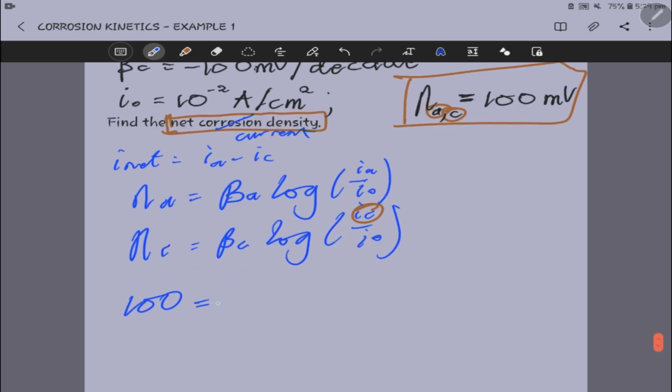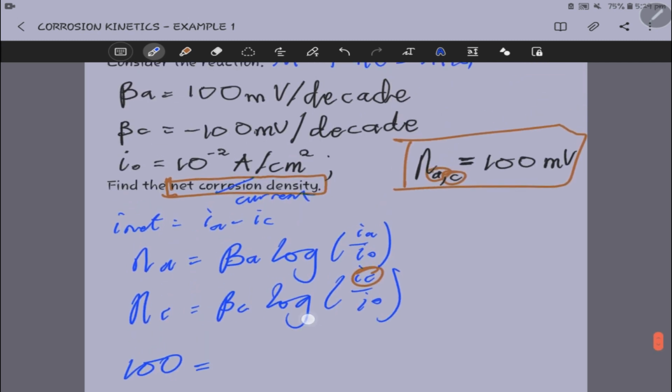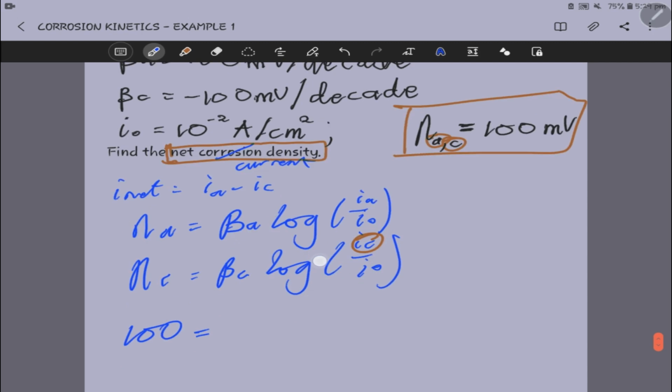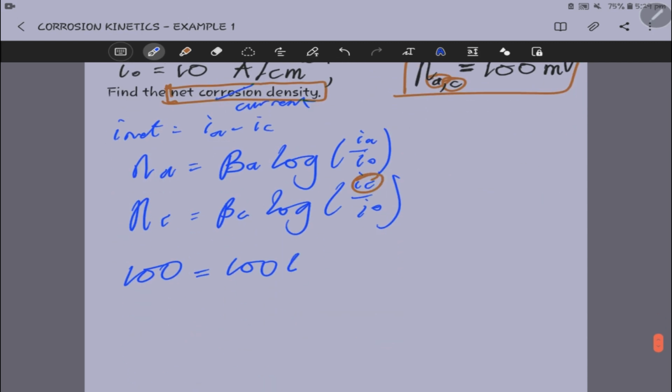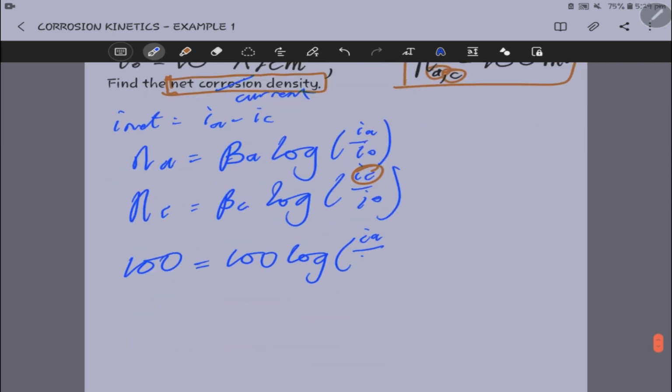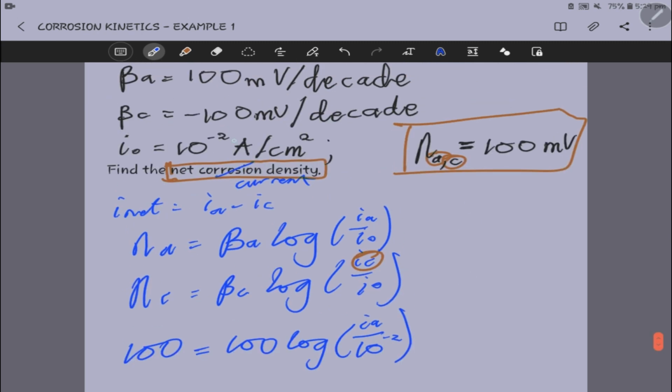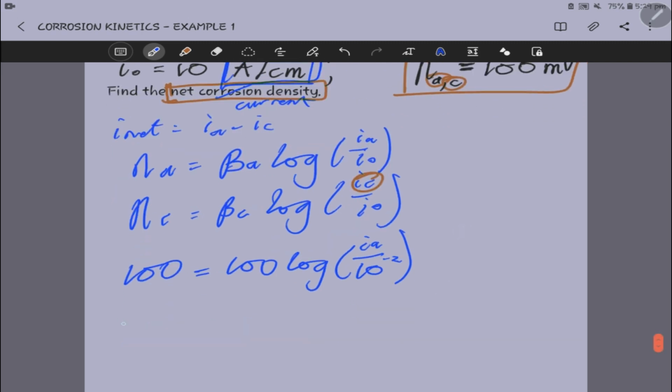Then the Tafel constant b_a is also 100, and we have log of the anodic current density, which we are trying to find, over 10 to the power minus 2. We pay attention to the unit as well, because this is in amperes per centimeter squared, so the anodic current density will be in amperes per centimeter squared as well.